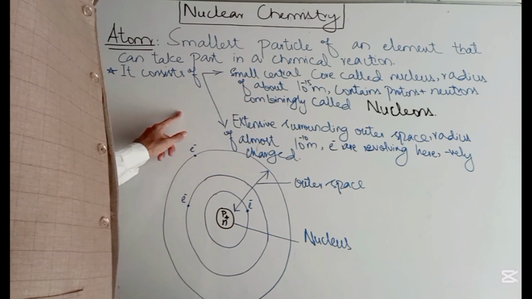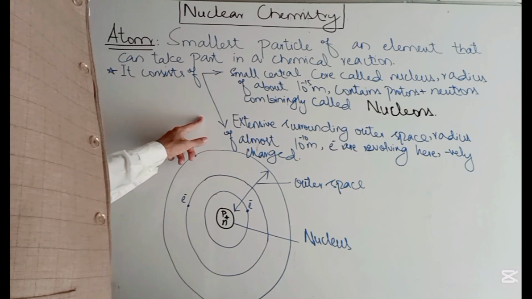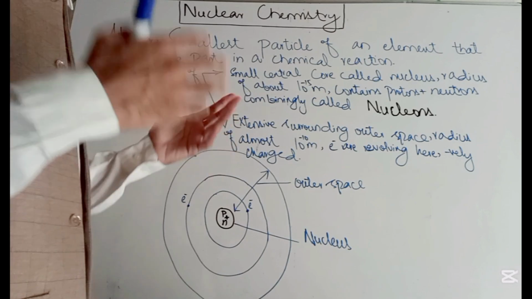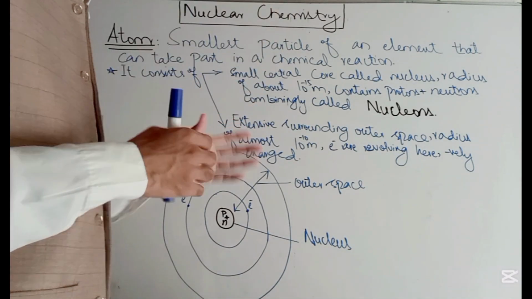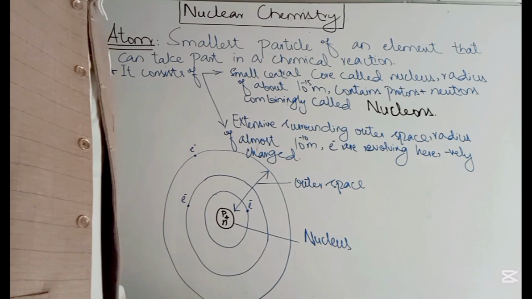The second component is the extensive surrounding outer space. There is a large space surrounding the nucleus, and that space is known as the outer space of the atom.